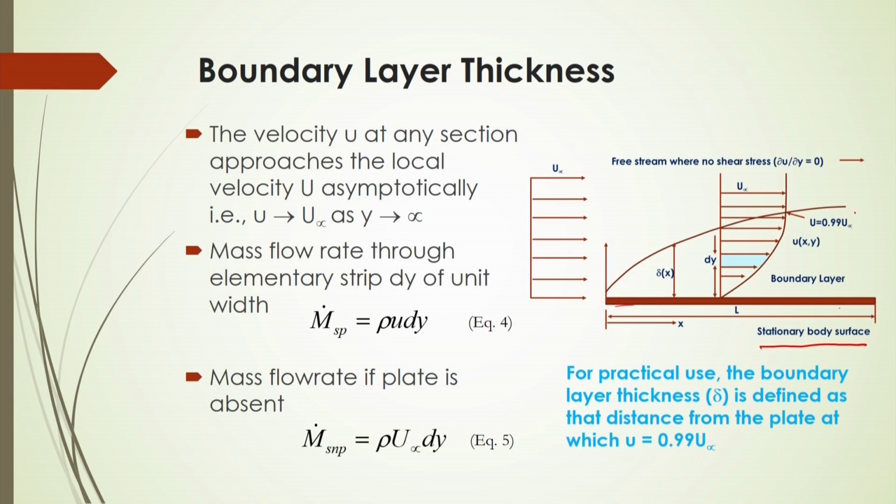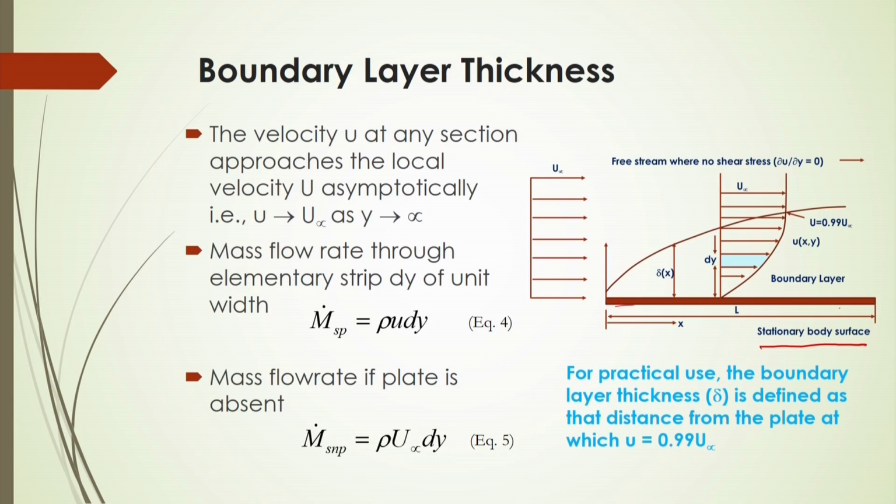This is called the boundary layer profile, and this is how the velocity changes in the y direction at a particular x. Also, the velocity at any section approaches the local velocity u asymptotically, that is, u tends to u infinity as y tends to infinity.